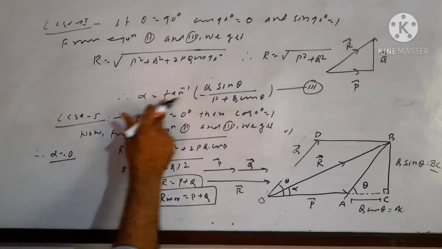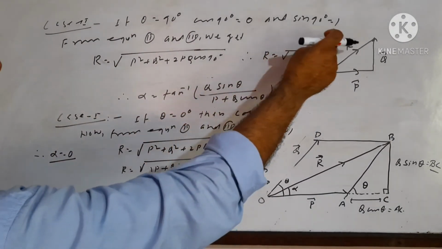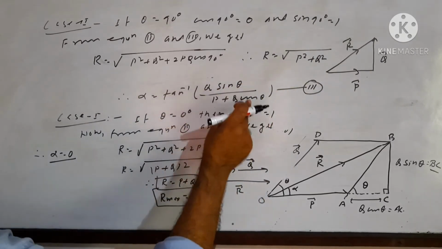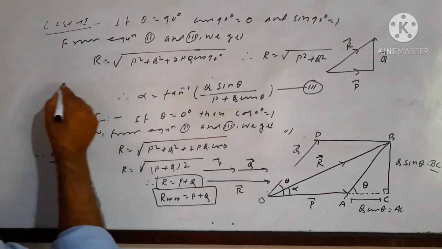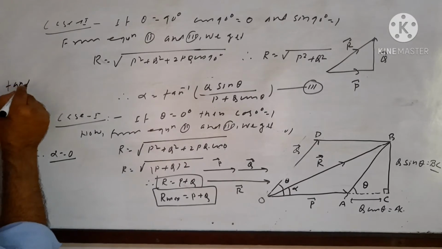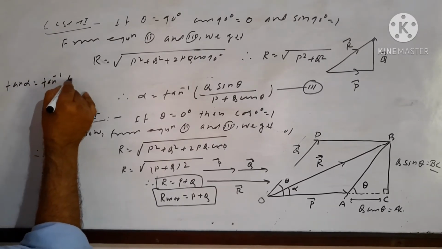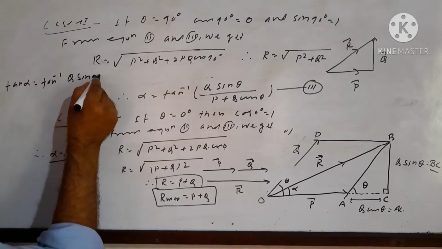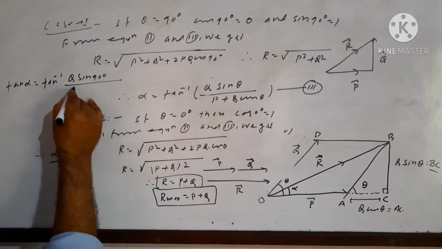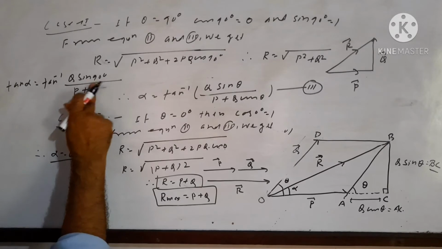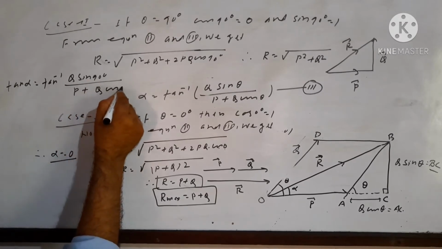And for alpha, sin 90 is 1 and cos 90 is 0. So tan alpha equal to tan inverse of Q sin 90 by P plus Q cos 90.